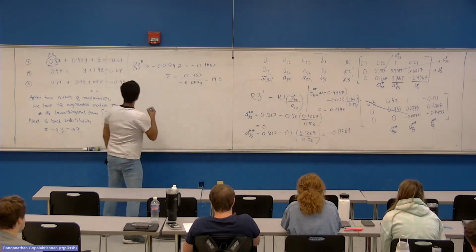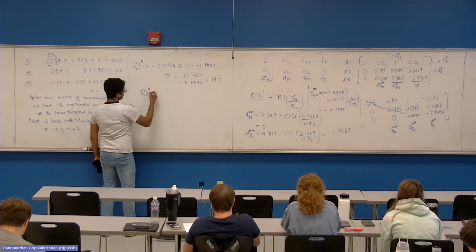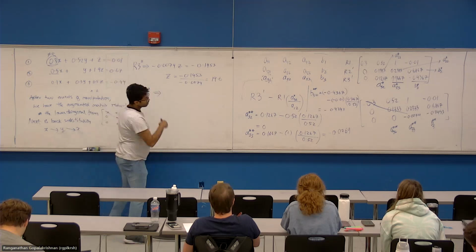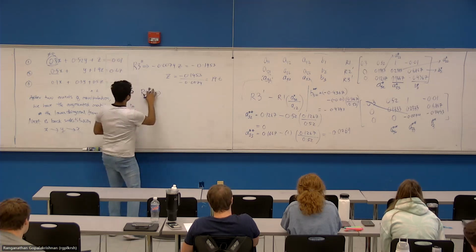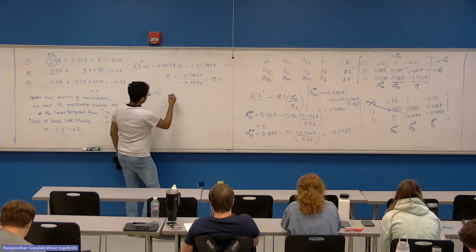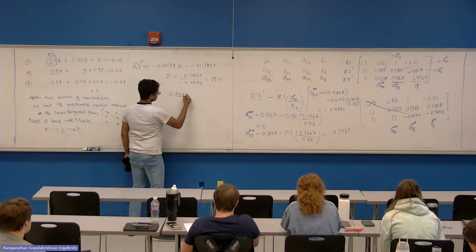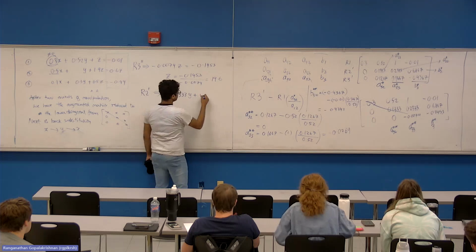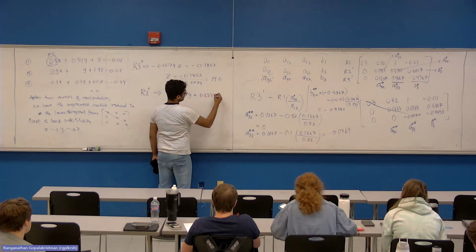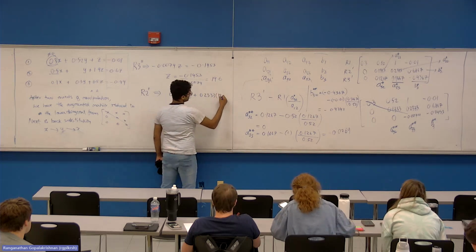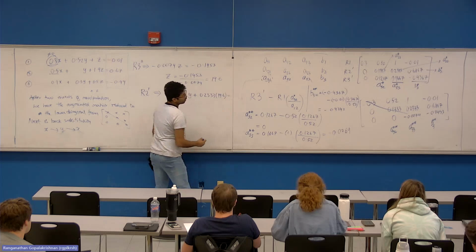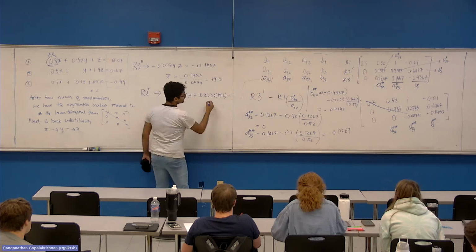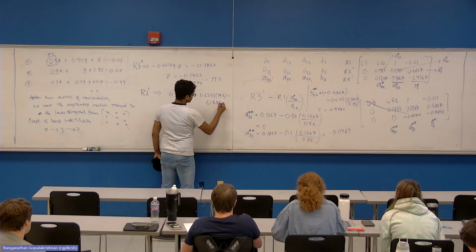Okay, so you have Z, go to the second row, which is R2 after two modifications, which is 0.1333y plus 0.2333 times Z, which is 19.6, equal to 0.6867.